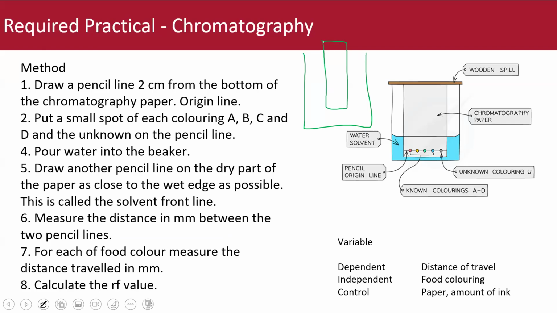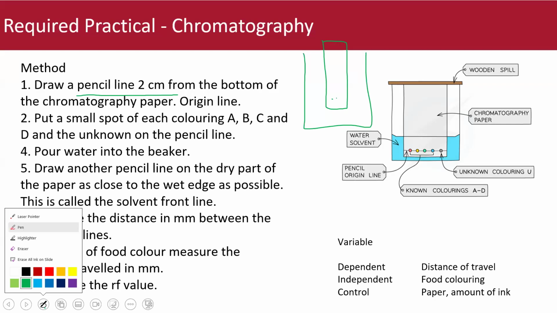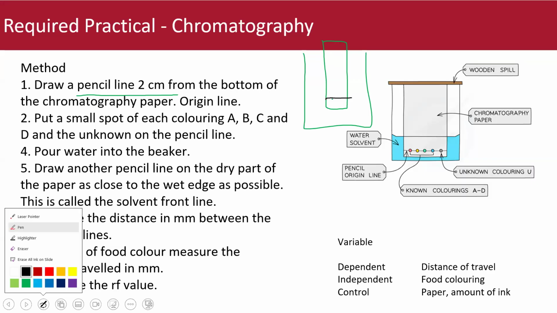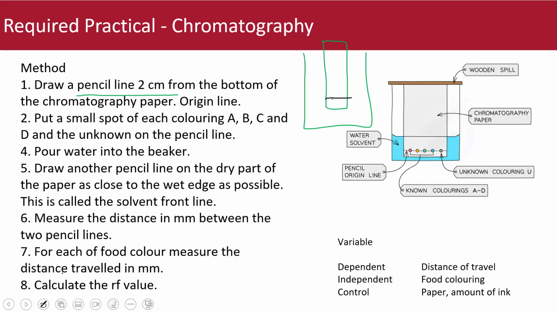You draw a pencil line 2 centimeters from the bottom of the chromatography paper, or it could be 1 centimeter from the bottom. Then you put your little coloured dots onto the pencil line.